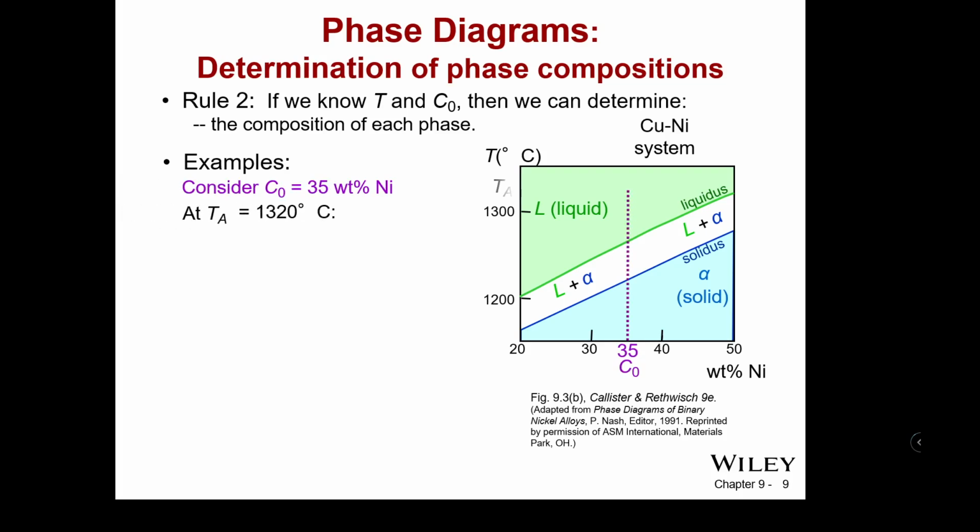So at 35% copper, or 35% nickel in copper, rather, we start with step 1, which is all the way up to A. So the temperature at A is 1320 C. That means there's only liquid present at that point.